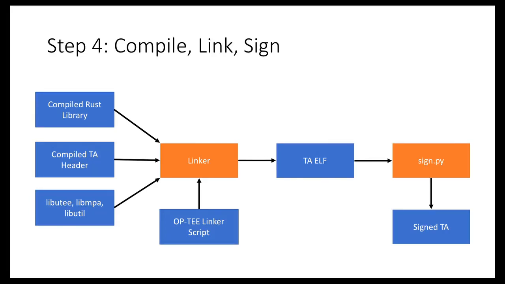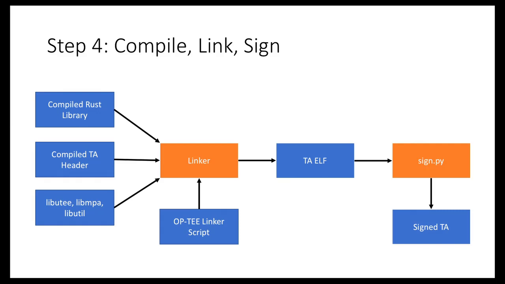So there's a trusted application header, TA header, that is provided, it's built by the opt API. And what that is, it has the GUID of the application, some other information about the application. That part is written in C because it defines some magic constants, and you just let it do it, and it gets compiled down to an object.